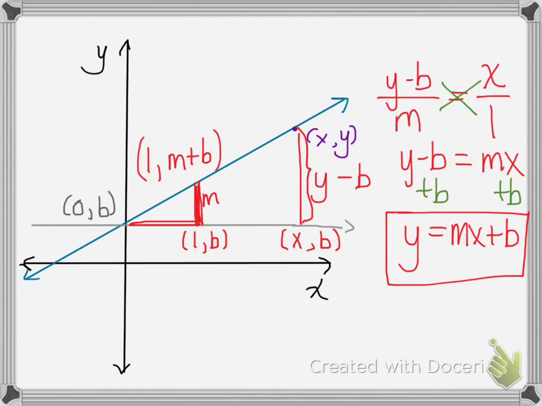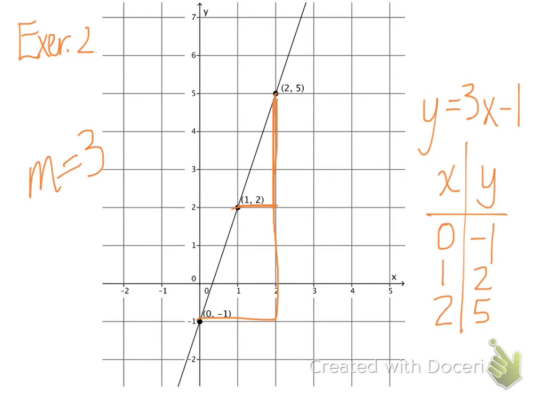While you're thinking about where b is, we do know that the slope of a linear equation in this form would be m. So let's look back at exercise 2 and 3. Here's exercise 2, and our equation is in this form: y equals mx plus b.